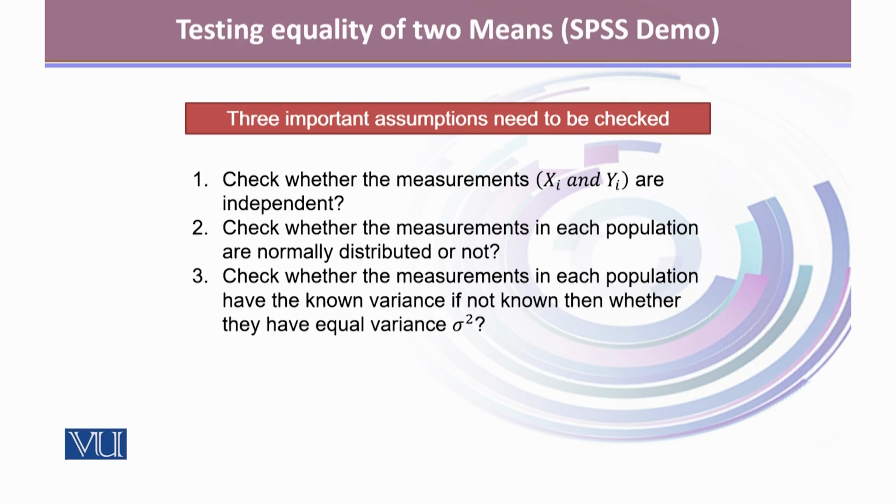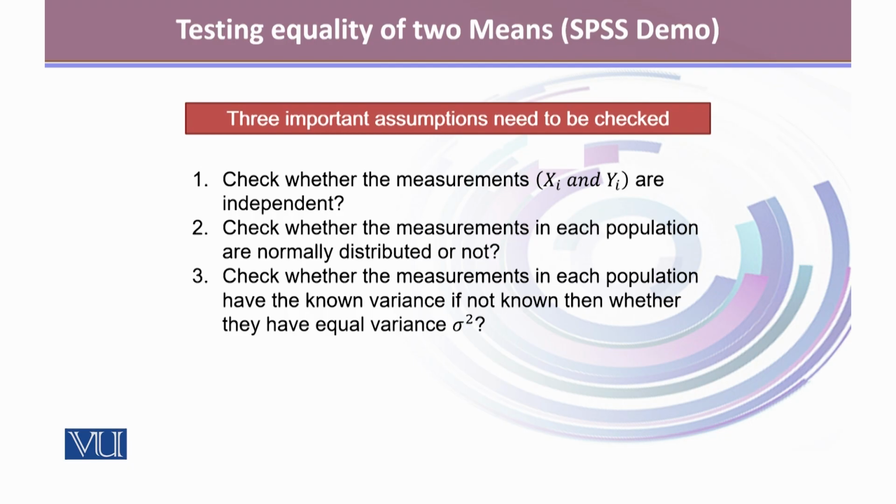To perform this test, we need to first test for the assumptions. The very first assumption that needs to be tested is to check whether the measurements xi and yi, where xi comes from the first sample and yi comes from the second sample, are independent.